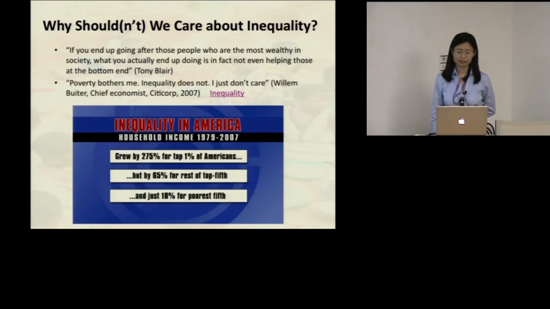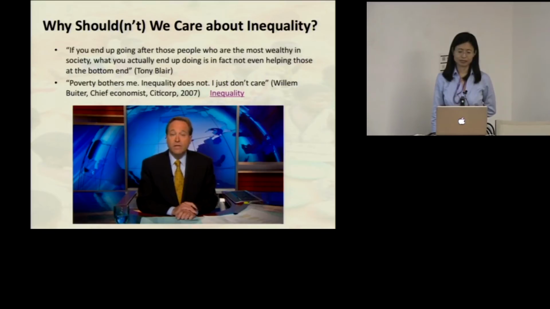By contrast, the bottom fifth of the population saw its income grow by just 18%. The NewsHour's economics correspondent Paul Solman has been exploring the consequences of those trends in previous stories he's done in his series. Tonight, he gets a contrarian view, suggesting inequality in a free market system may not be as bad as advertised.